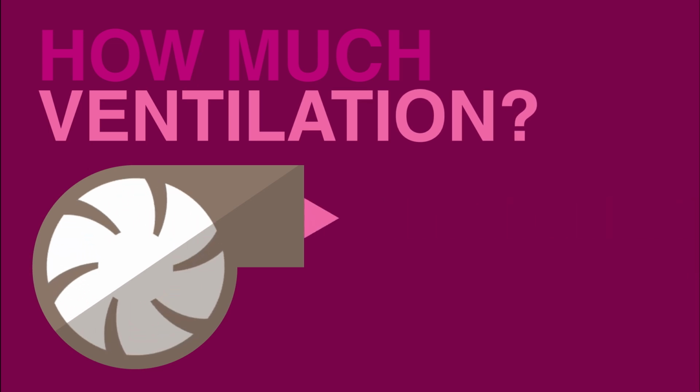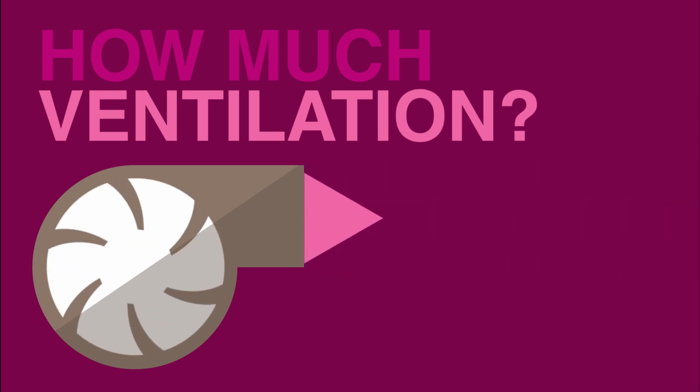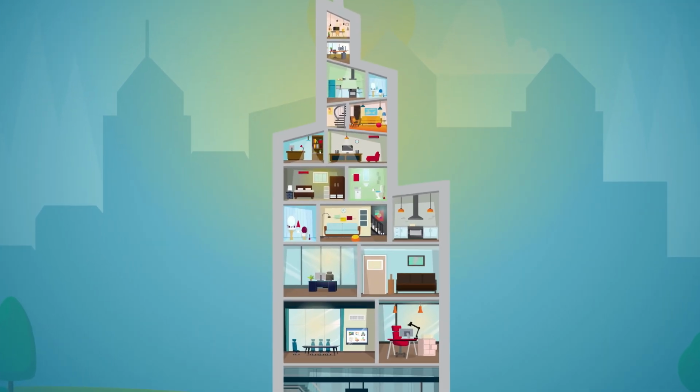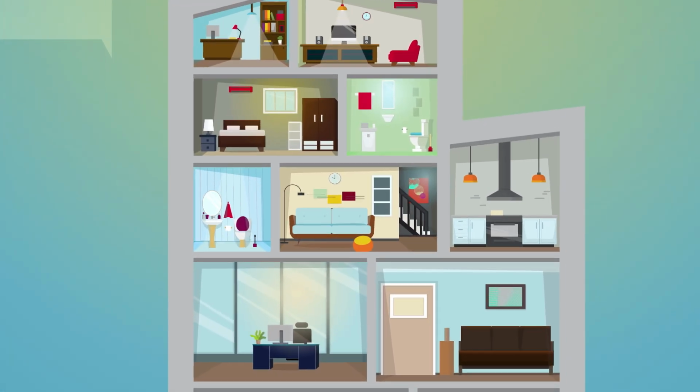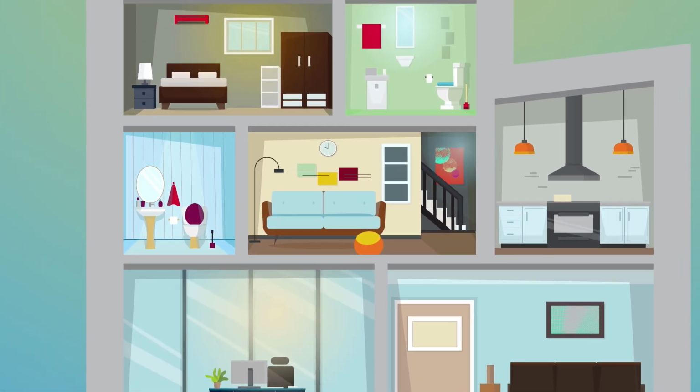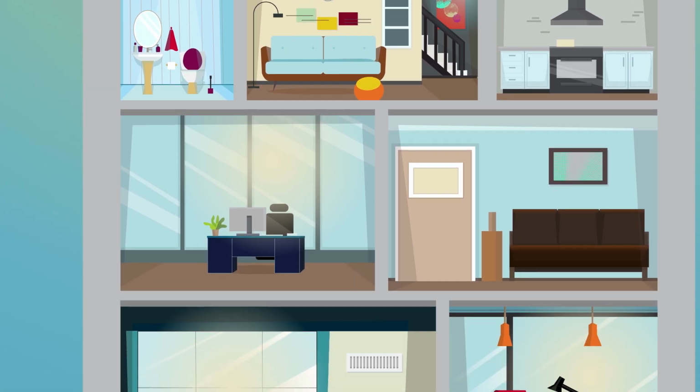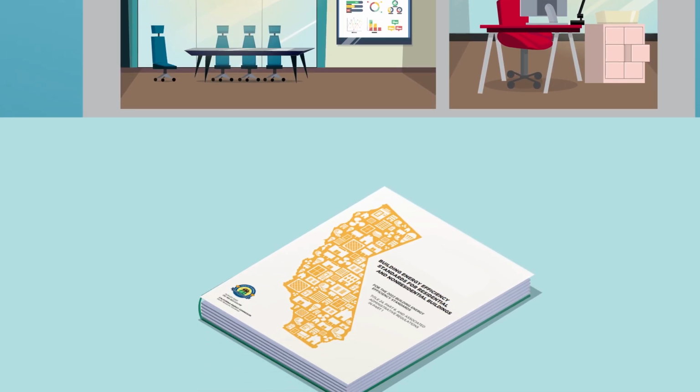So, how do we determine the amount of ventilation needed and ensure a space is getting enough of it in daily operation? Every indoor space needs to be ventilated with a minimum amount of outdoor air as specified by both national standards and local codes.